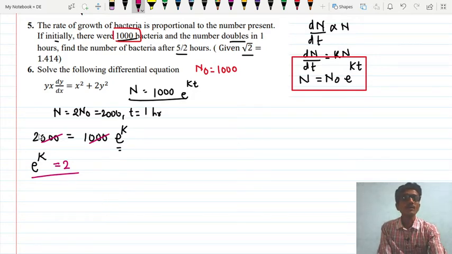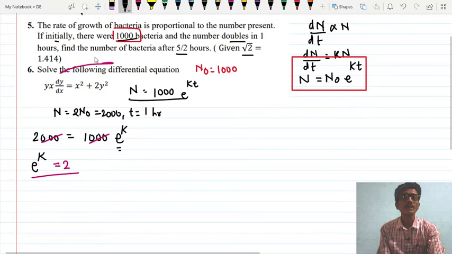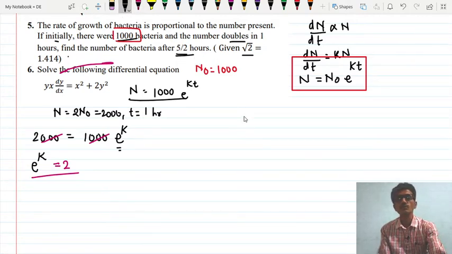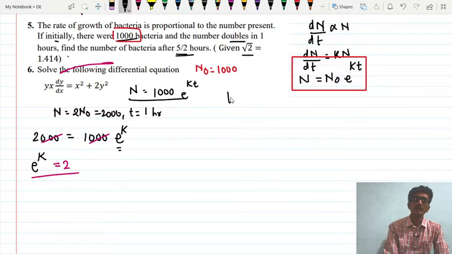Now here it is asked to find the number of bacteria after 5 upon 2 hours. So when time t is equal to 5 upon 2 hours, what is the number of bacteria? Capital N is equal to N0, which is 1000, e raised to power k times the time, 5 upon 2.